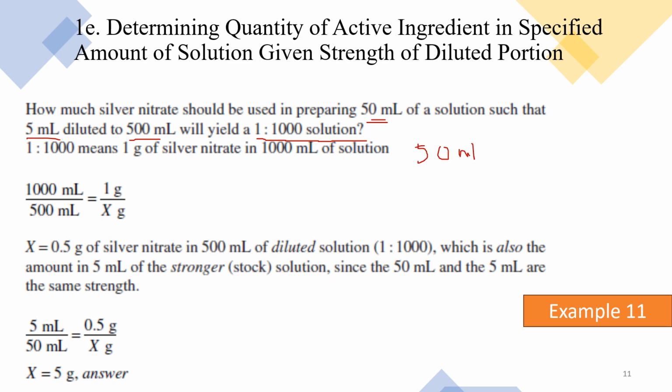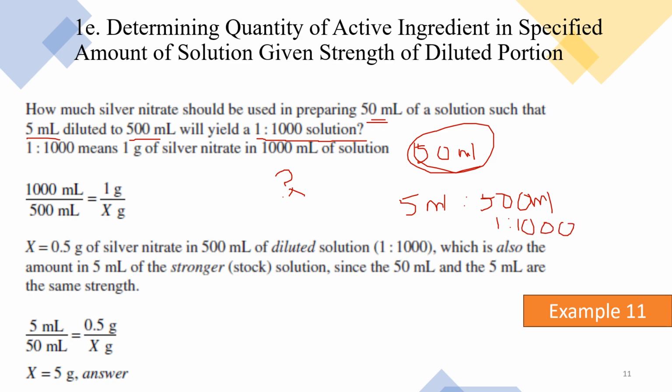So you have the 50 ml of the diluted portion, and you want to identify how much of the silver nitrate should be used to prepare it, such that 5 ml being diluted to 500 ml yields a ratio of 1 to 1000.